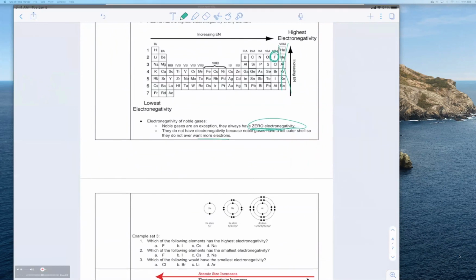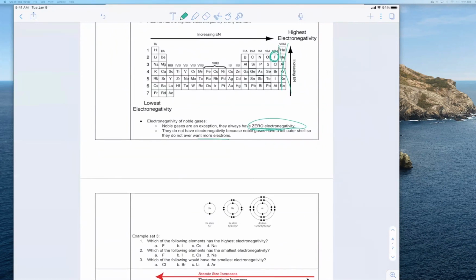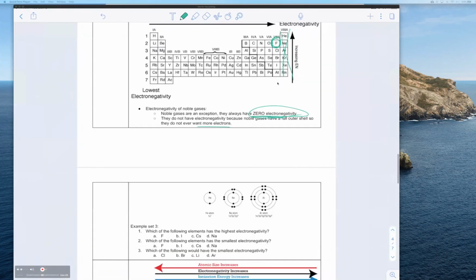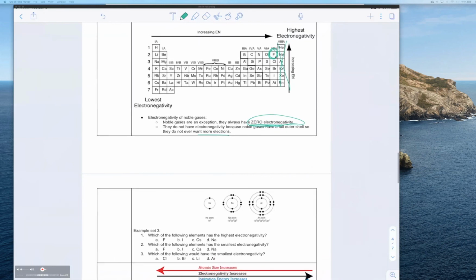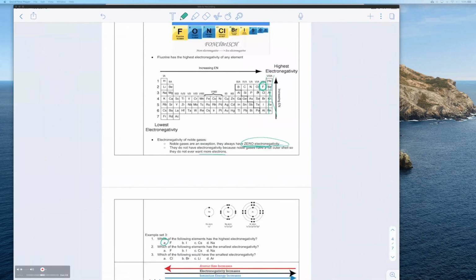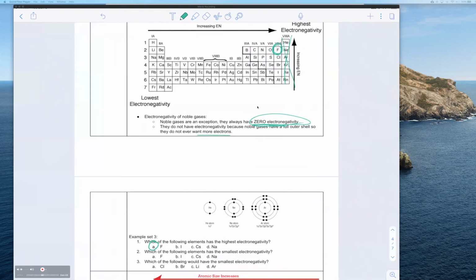Okay, so let's launch this poll and then we can finish up. Okay, so which of these elements has the highest electronegativity? So obviously I have been saying fluorine has the highest electronegativity, but it's also closest to that top right-hand corner.